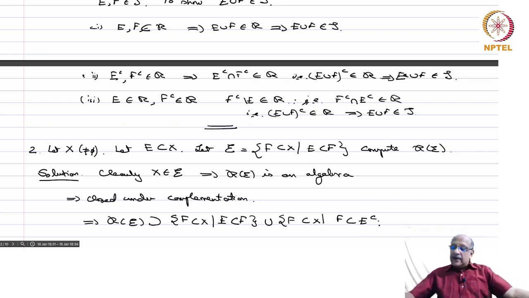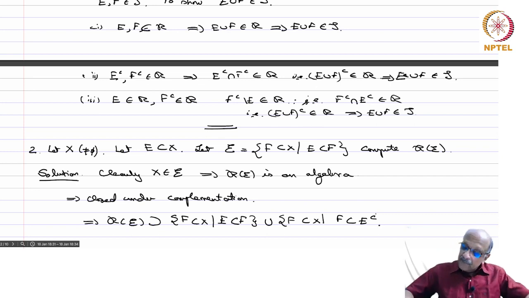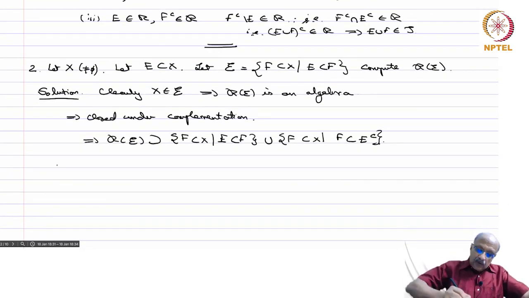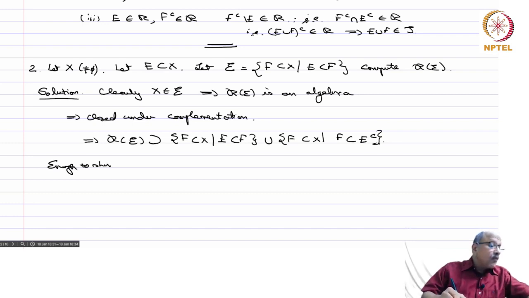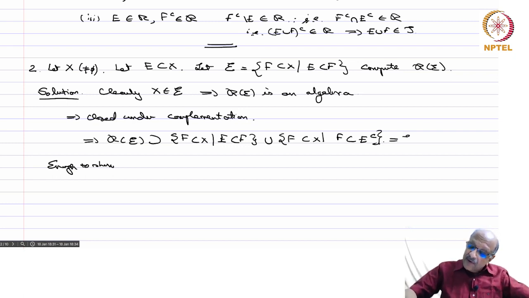That means F complement contains E. Okay, so this is the other part. Enough to show, let us call this S, which contains 𝓔 anyway, is a ring. In fact it's an algebra, whatever we want.